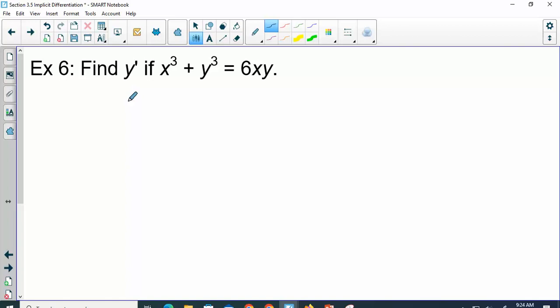I strongly advise you to not write y primes in your problem, just because when you start looking at it and you have things like 3x to the 4th plus 5y squared y prime plus something else, it starts getting really confusing that y prime can lose its prime very easily. So I would stick with dy dx. It's a lot easier to recognize that. So derivative of x cubed plus derivative of y cubed.